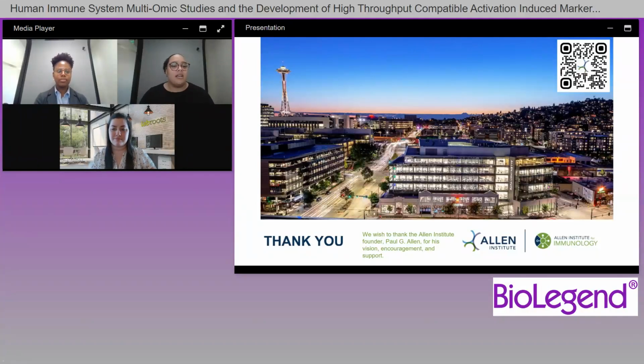And so it saves on training techs to use the instrument. I mean, Blessing and I run the flow cytometers at the institute, and they are complicated instruments. And this instrument, the PLX, is a lot more user friendly.